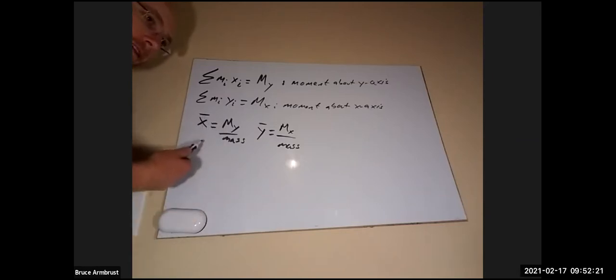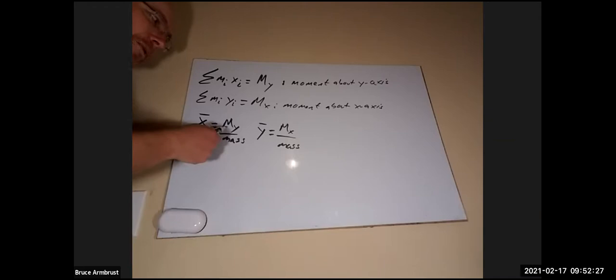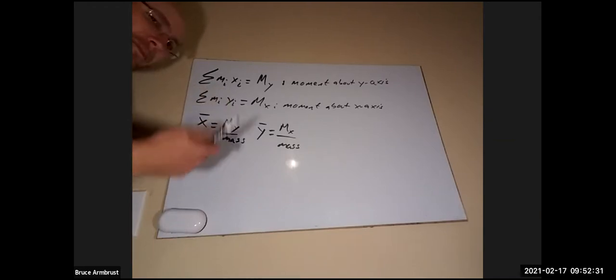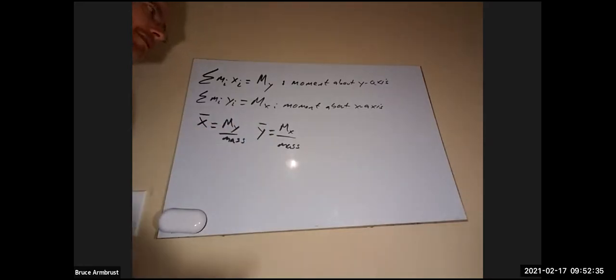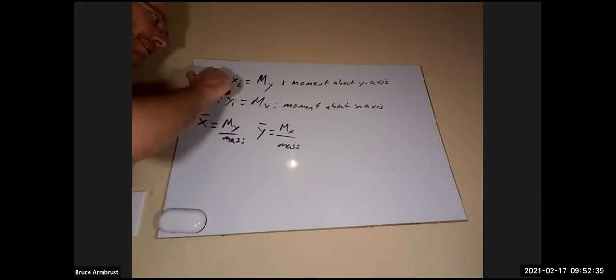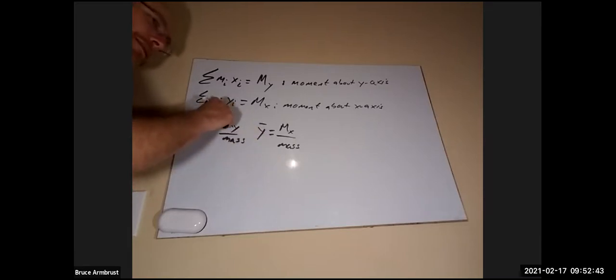The x coordinate has to do with My, and the y coordinate is Mx. And then the My, it's not even any y's that we're adding up, it's just x's. And oh my God, it just drives me crazy. So I immediately just go to, if I'm finding the x coordinate, I look at the sum of the mx's. I want the y coordinate, I'm looking at the sum of the my's.